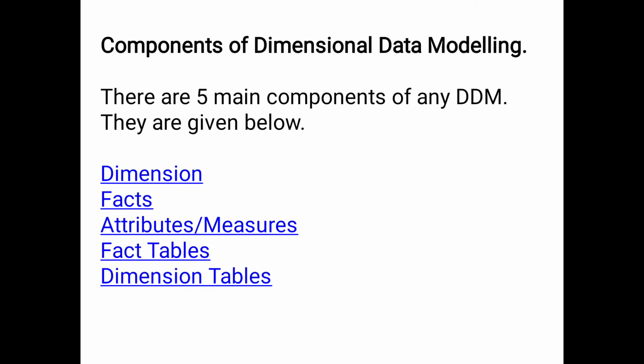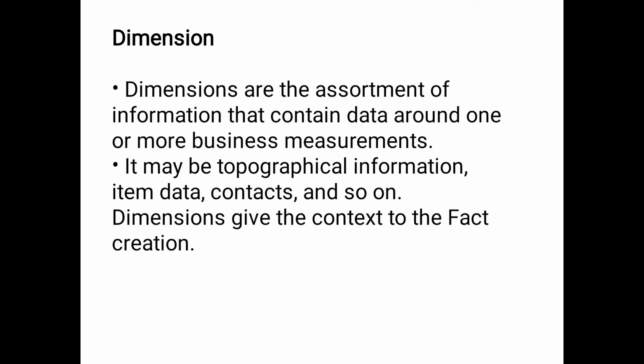Components of dimensional data modeling. There are 5 components of any dimensional data model. They are given below. First one, dimension; second one, facts; third one, attributes or measures; fourth one, fact tables; and last, fifth one, dimension tables. First one, dimension.